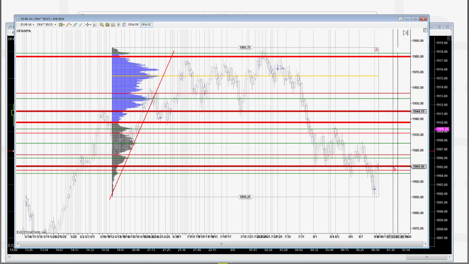So what I'm looking for this morning is, after the open, where does the market start gaining acceptance? Is it above 1907, 1906.75? If we get a volume profile developing, with a taper or very low volume down in this area and volume growing, then I'm going to look for a long position.